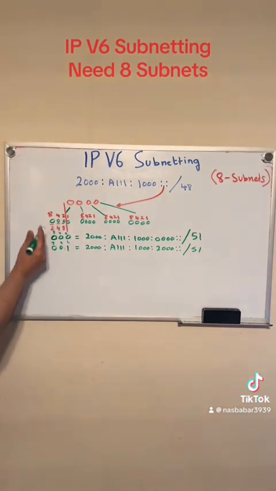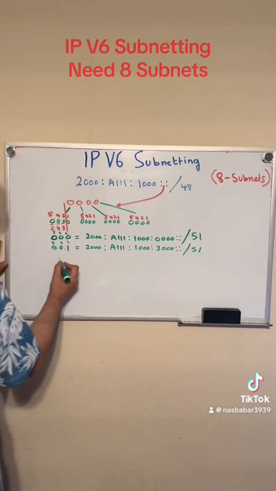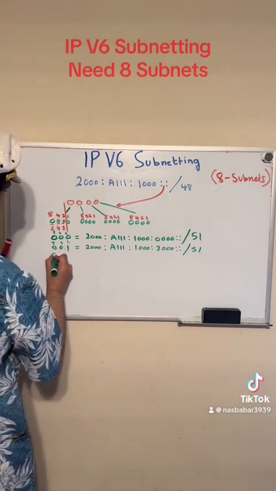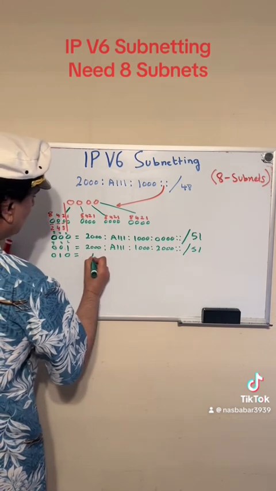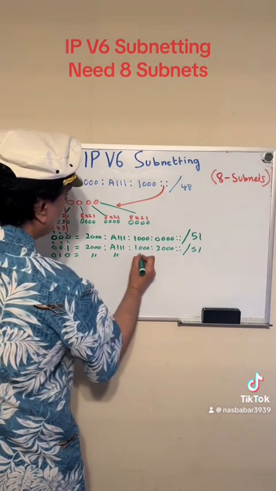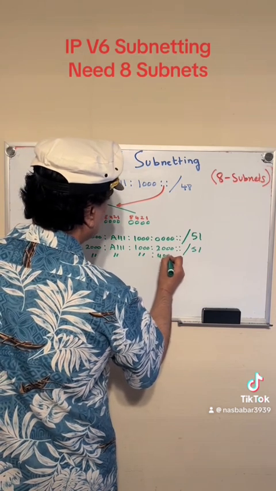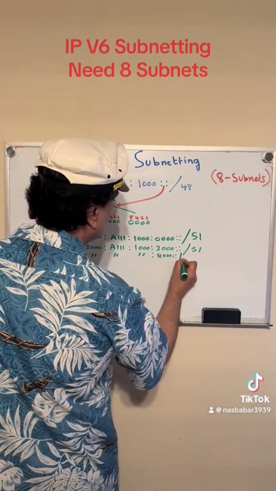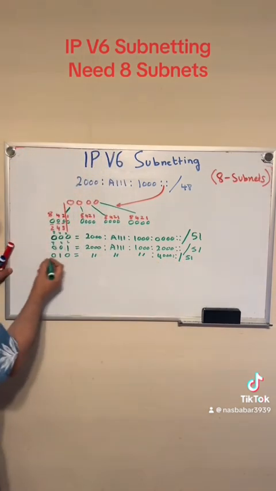I'm just playing with these 3 bits right here. Let's look at the next one. So the next one is going to be 0, 1, 0. It means it's the same thing, and the subnet is going to be 4000. I'm just playing with these 3 binary bits.